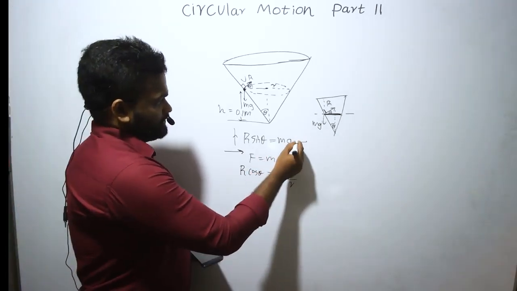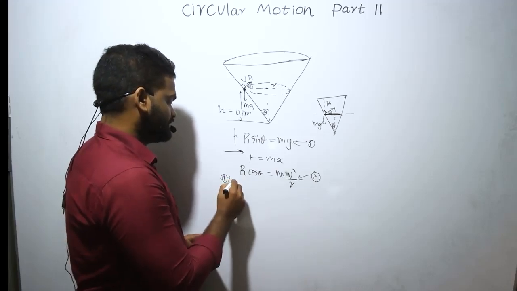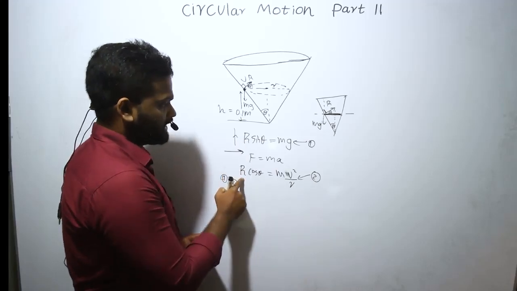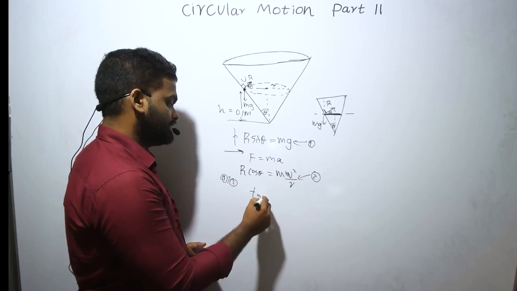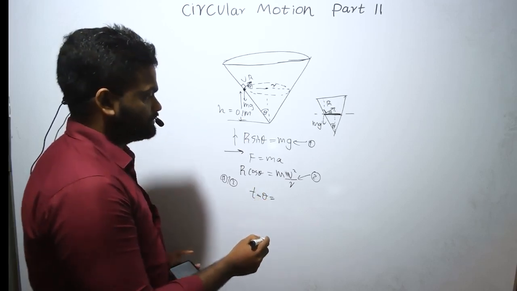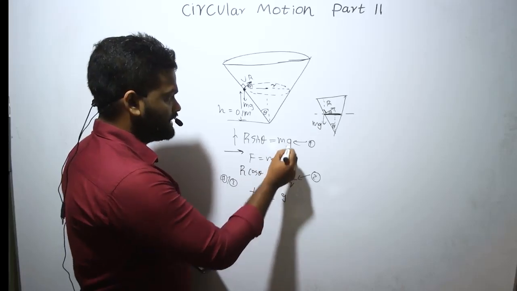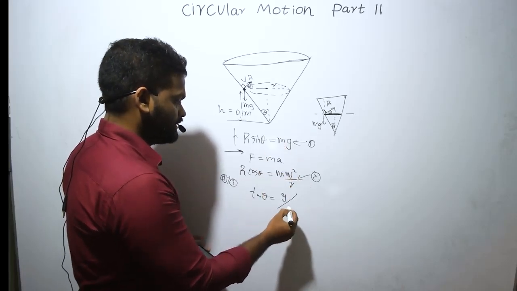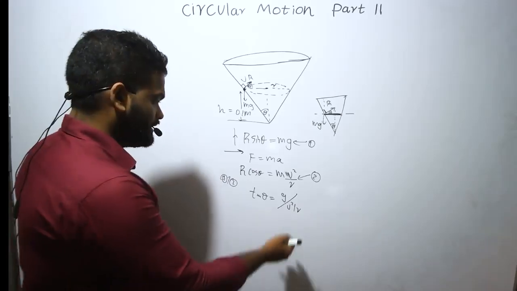Okay, so let's say this is the first equation. Second equation, I'll just divide the first by the second. So R cancels off, sine theta over cos theta gives tan theta, equal to g, m cancels off, g divided by v squared over r. Then you can flip this.